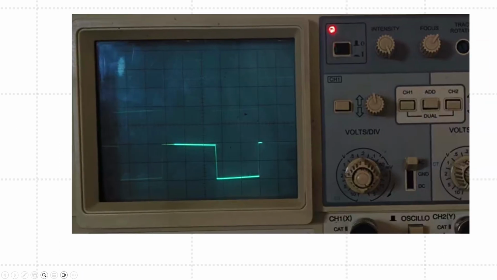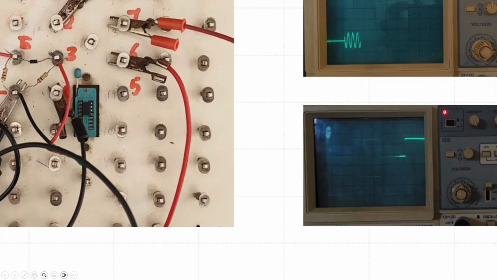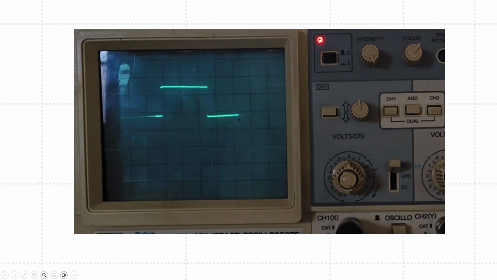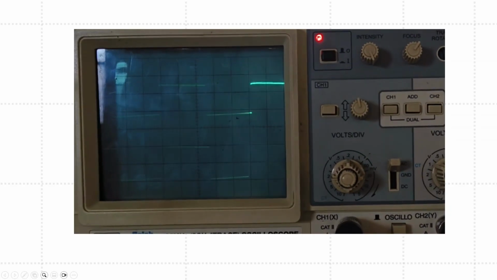Similarly, when you connect the op amp output at pin 6, you are able to see the waveform that looks like this. This is our input wave and this is the output wave.